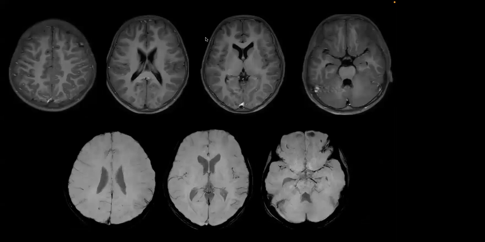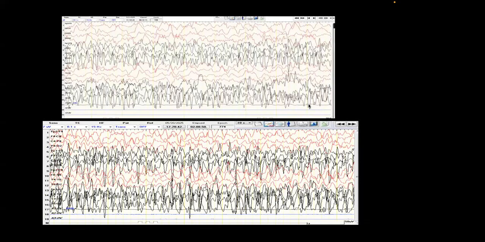Post contrast, no enhancement of the abnormal areas, especially along the perisylvian regions, and no areas of blooming appreciated on the GRE sequences. I think the EEG findings have been described. So these are the possible differentials or queries from the team. Are we dealing with post-ictal changes in the MRI?